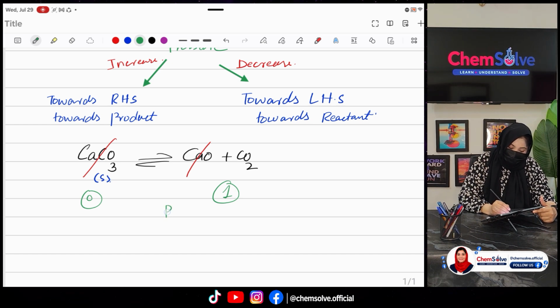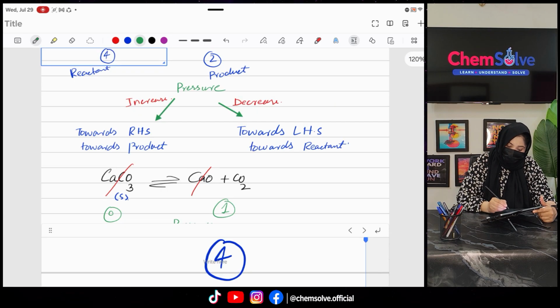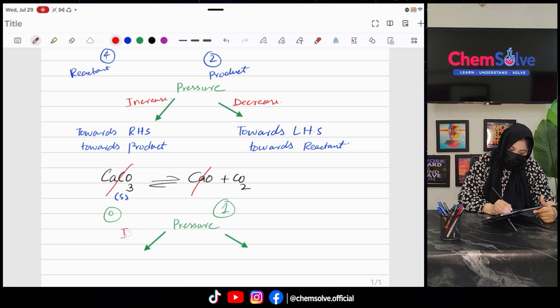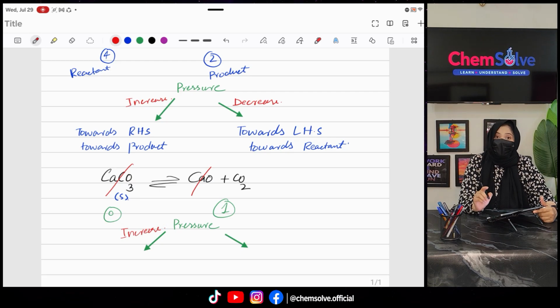So if pressure is increased, the equilibrium has to shift towards lesser number of moles. So lesser number of moles are on the reactant side.